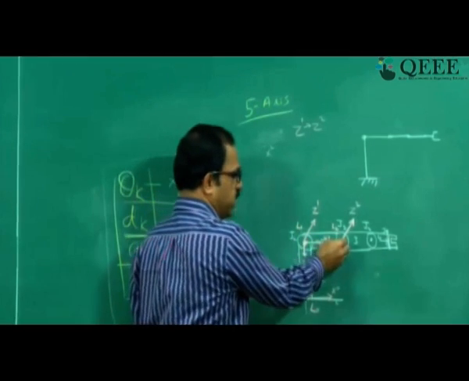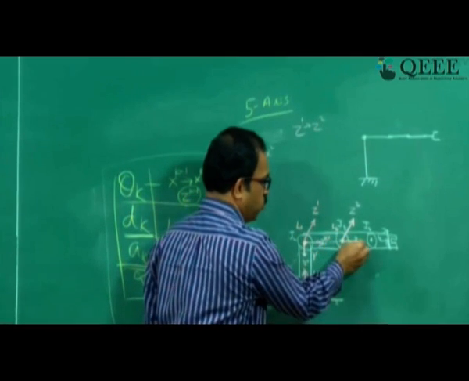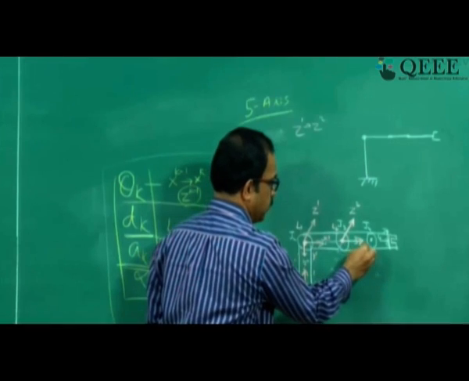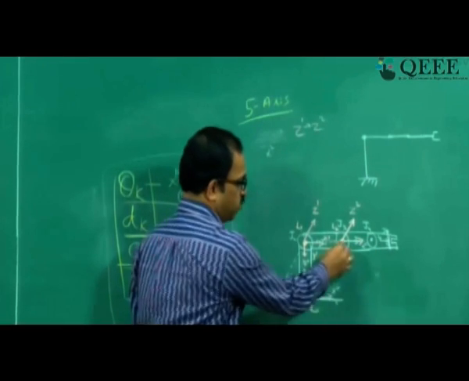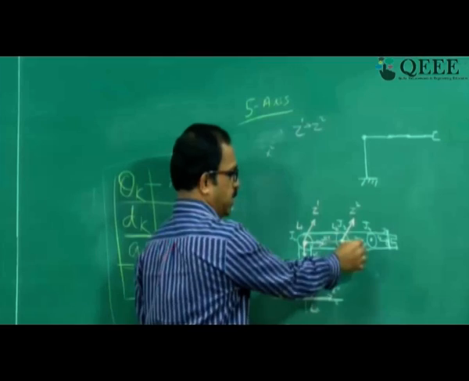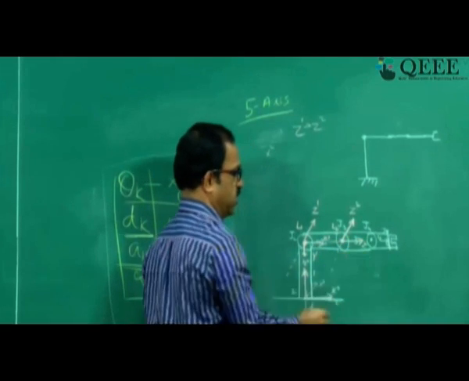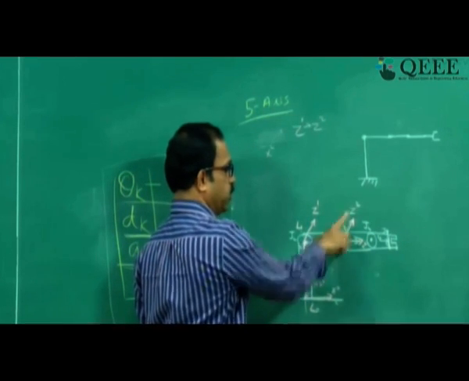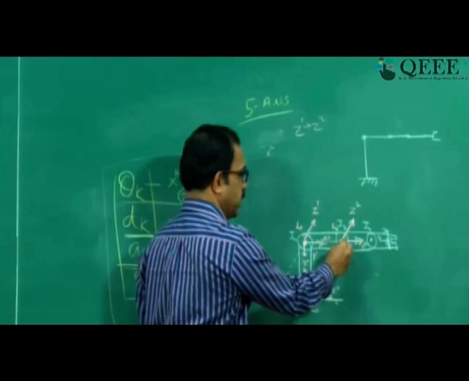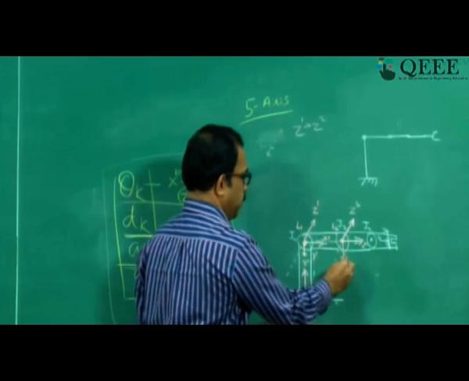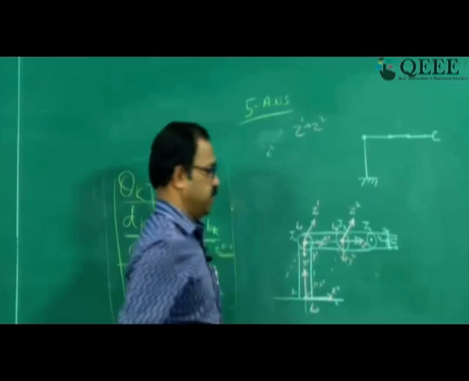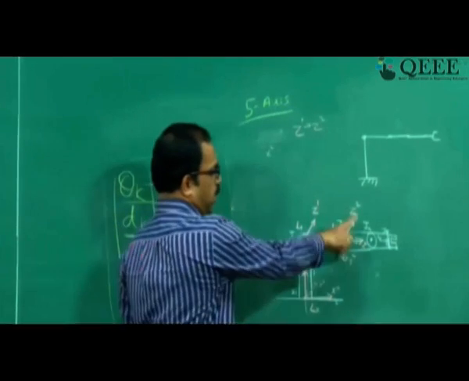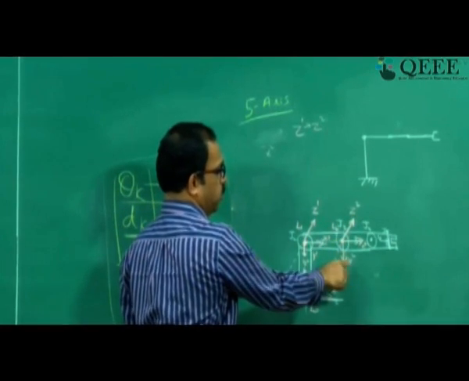So X2 should be in this direction, because if I take X2 in the other direction, it will not intersect here. Similar to this you get Y2 in this direction. So you have X2, Z2 and Y2 here.